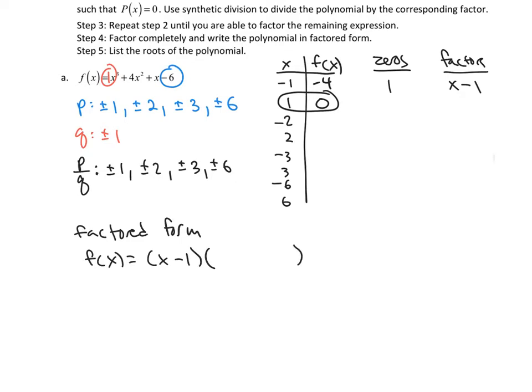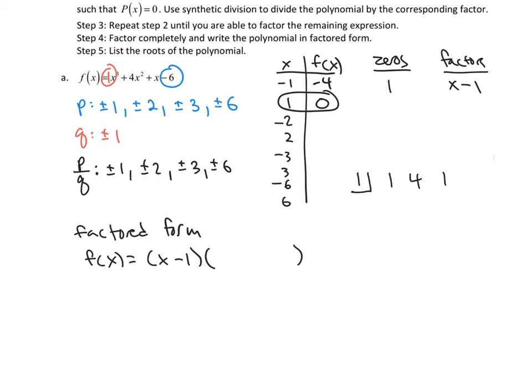But if I use synthetic division, I can figure out what that would be. So I'm going to take my original f of x and divide it by x minus 1 using synthetic division. And to do that, I put the 1 in the little corner. I list the coefficients of f of x, which are, it's 1x cubed, so I put a 1. 4x squared, I put a 4.